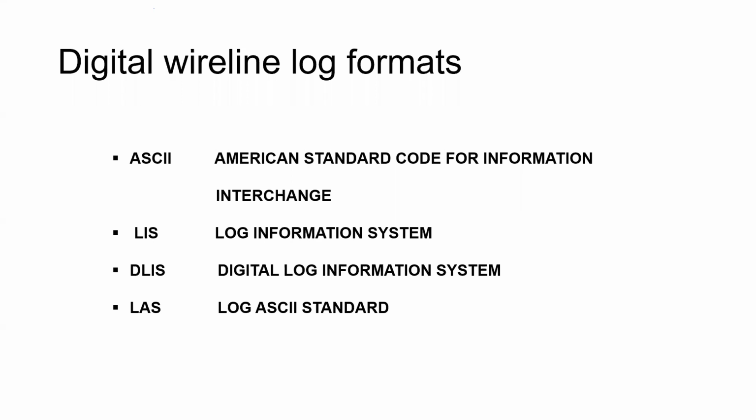And the last one is LAS, Log ASCII Standards. These four are very well-known and famous formats that most of the petrophysical companies use for digital data that is required to be imported into their own software, like LMK using the LAS and DLIS formats to import the log data into Jura or Prism.